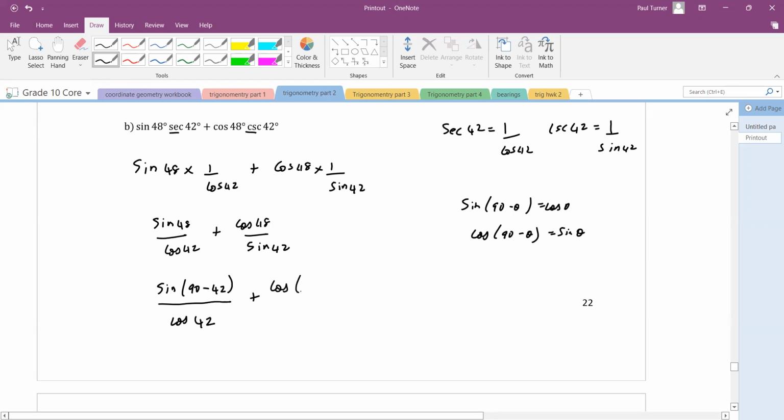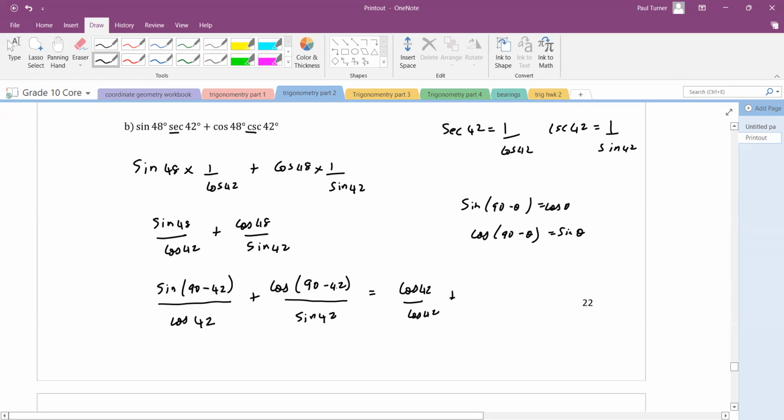And cos 48 is cos 90 minus 42. So sine 90 minus 42 is the same as cos 42, so we're going to get cos 42 on cos 42.